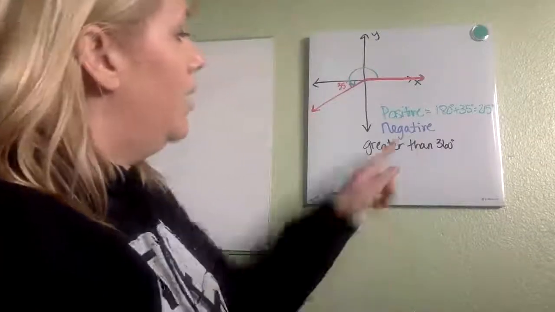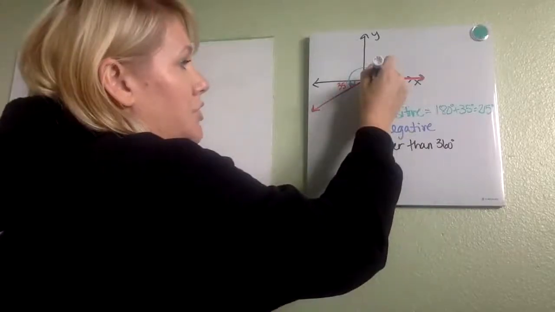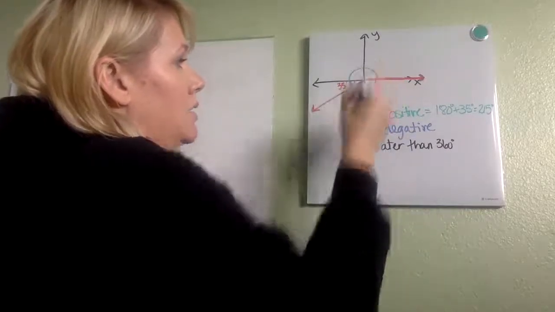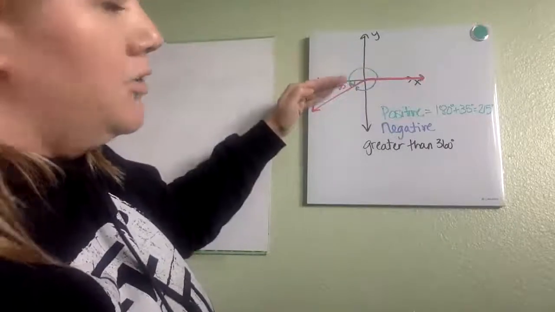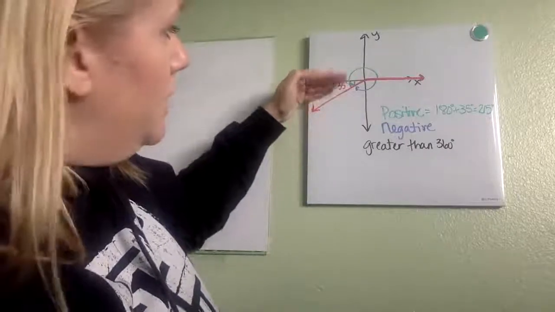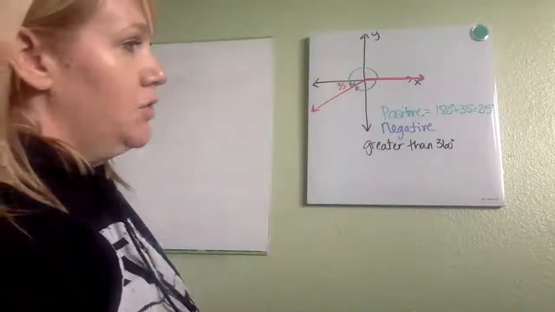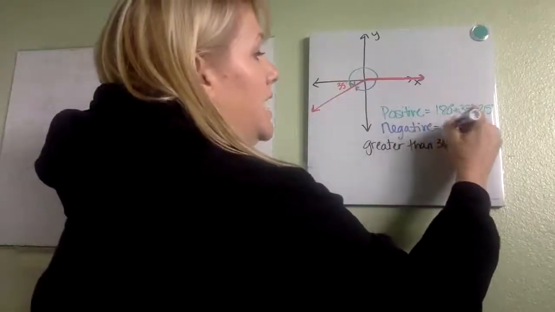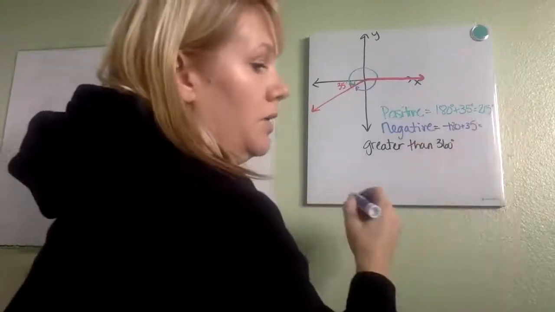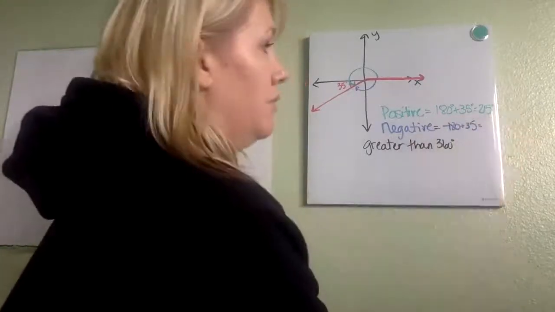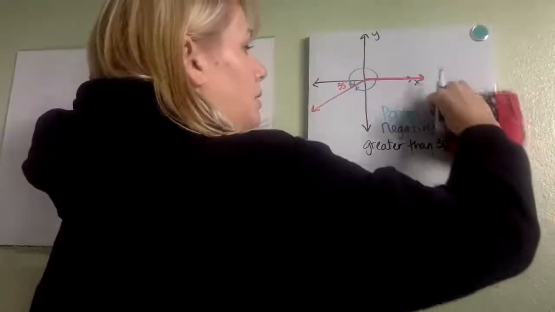All right. So a negative angle opens in the other direction, this way. So you might think of all the way as 180, subtracting the 35, so 180 minus 35, or you can think of it as negative 180 plus 35. Either way, you end up with negative 145. I'm going to erase that part.